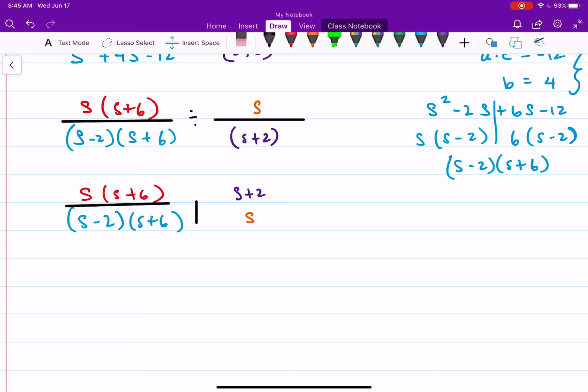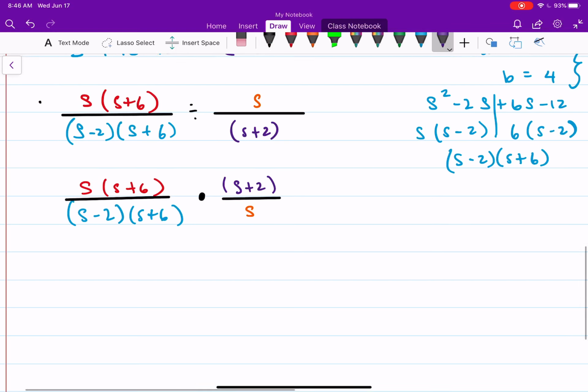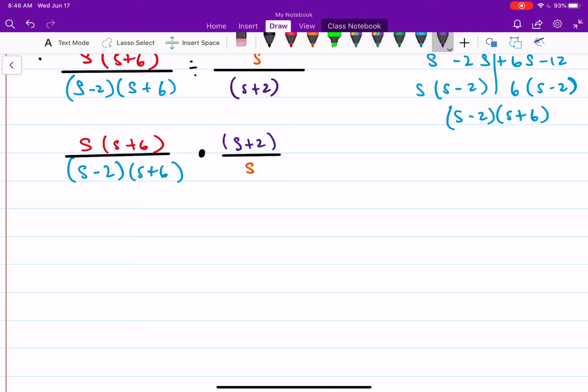I changed division to multiplication, undo. And then I flipped the second fraction. Okay. All right, so what is this going to be?